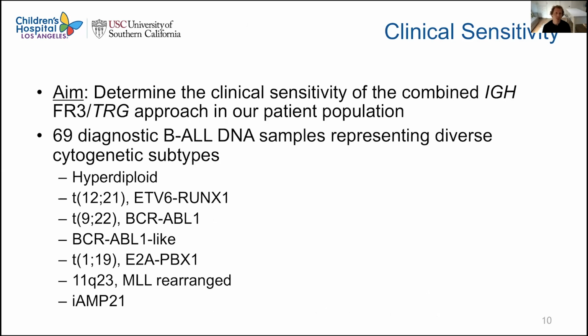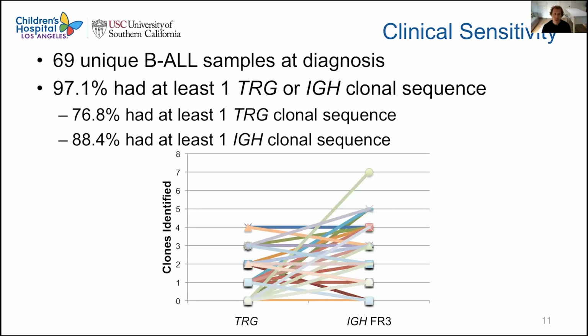So we took 69 diagnostic B-ALL DNA specimens that represent all the diverse cytogenetic and molecular subtypes listed there. And when we did this, we found that 97% of those specimens had at least one TRG or IGH clonal sequence.